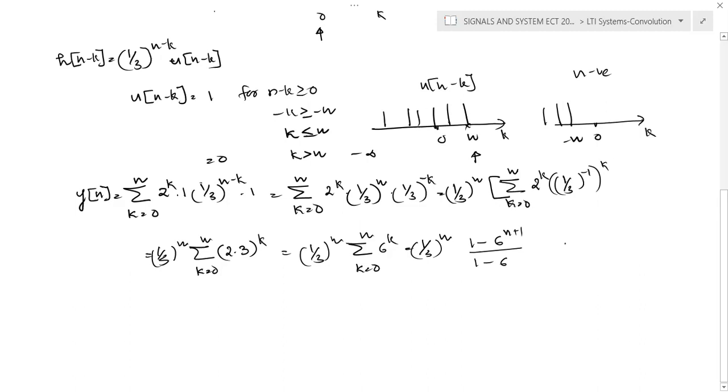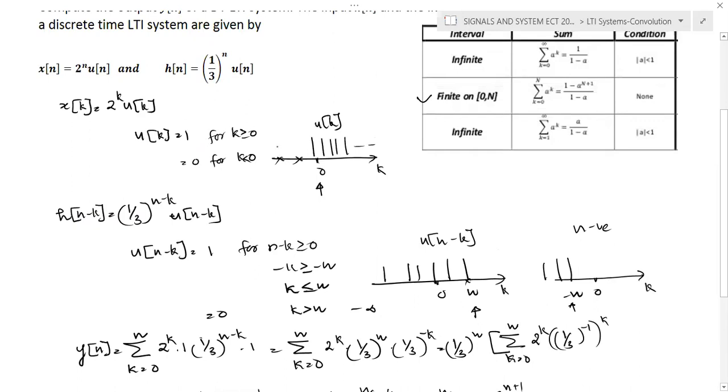This result is valid for n greater than or equal to 0 and 0 for n less than 0, because if n is negative, multiplying u of k and u of n minus k gives no non-zero magnitude. All the values will be zero, because the first signal is zero from minus infinity to zero, and the second signal is zero from zero to infinity. We get a non-zero magnitude only if n is positive.